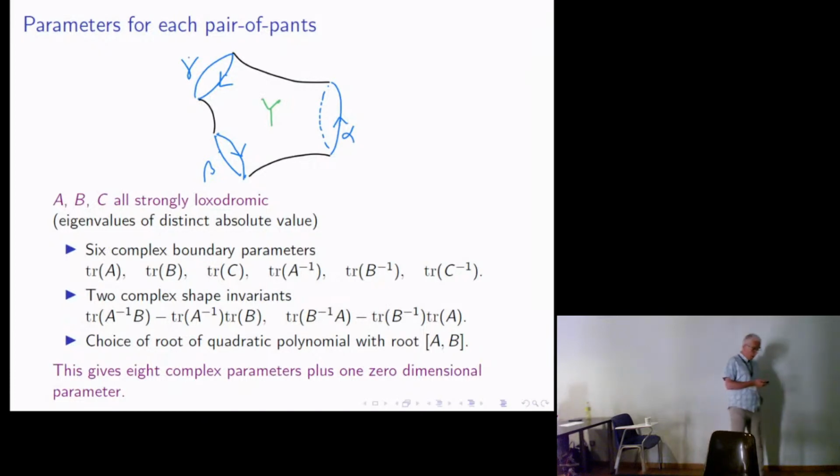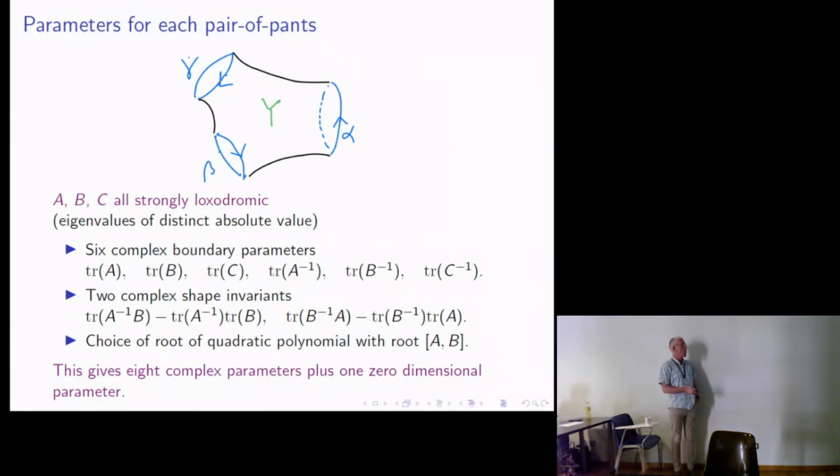So, what parameters have I got for a pair of pants? Well, I have 3 boundary curves, so I have six complex boundary parameters. Trace of A, trace of B, trace of C, trace of A inverse, trace of B inverse, trace of C inverse. And because we're in SL3C, there's no relation between those traces. Those are independent parameters.